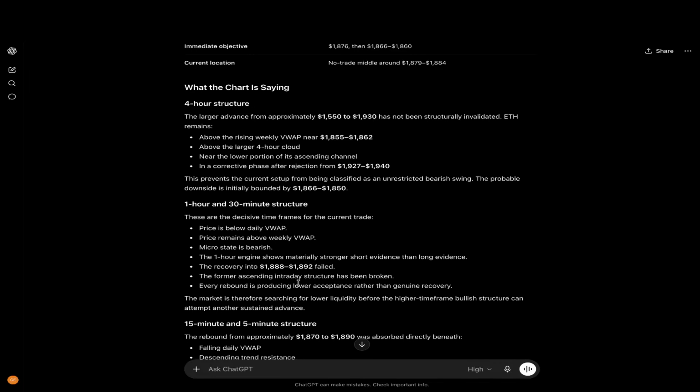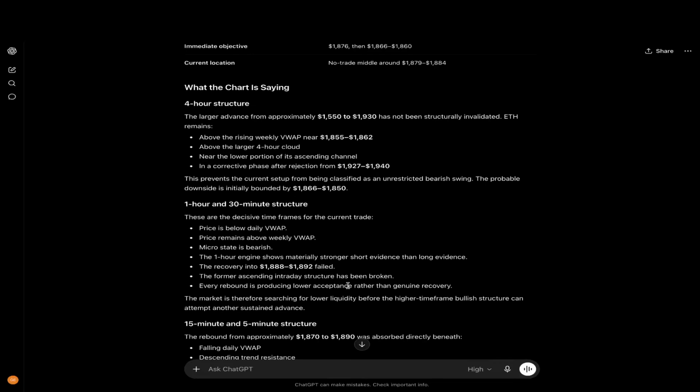The former ascending intraday structure has been broken. So along the 1 hour and 30 minute chart from yesterday to today, the price is not projected to continue upward. It's projected to be downward, but it's currently in a neutral state where it still can recover and go up.